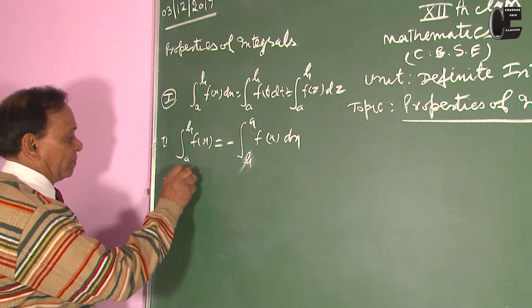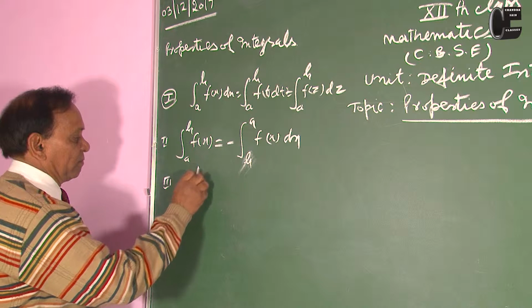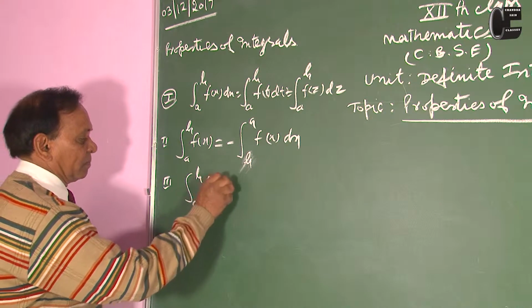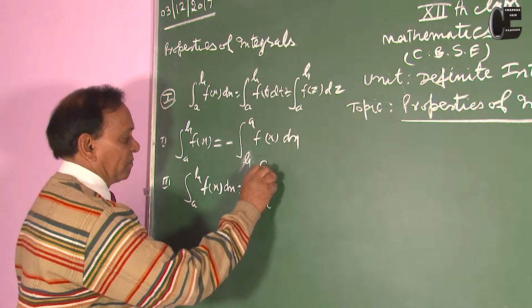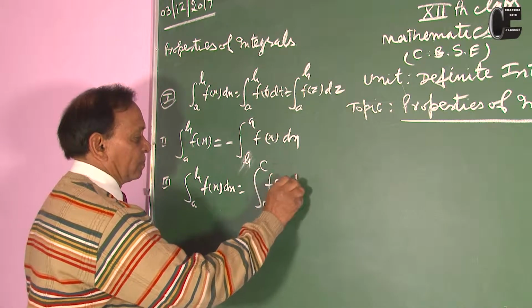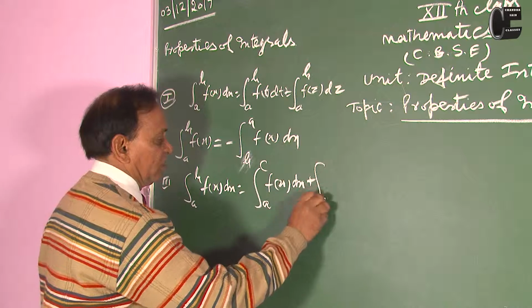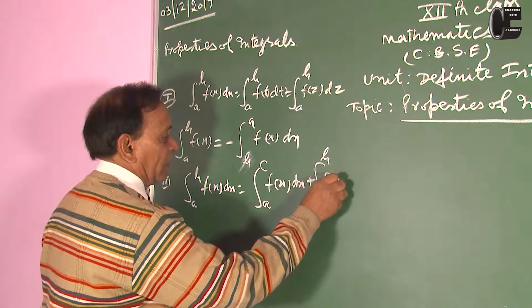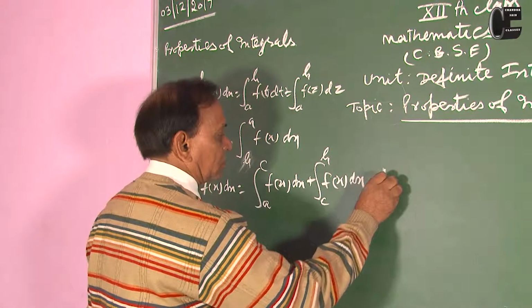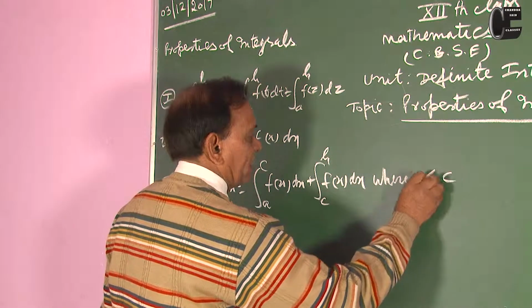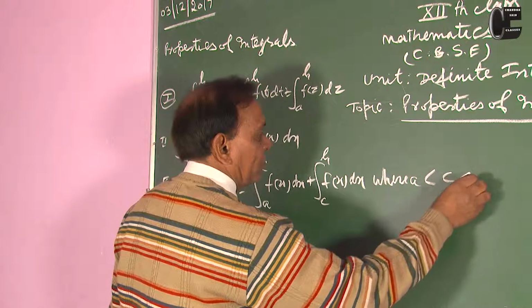Third property: integral from a to b of f(x) dx will be equal to integral from a to c of f(x) dx plus integral from c to b of f(x) dx, where c lies between a and b.